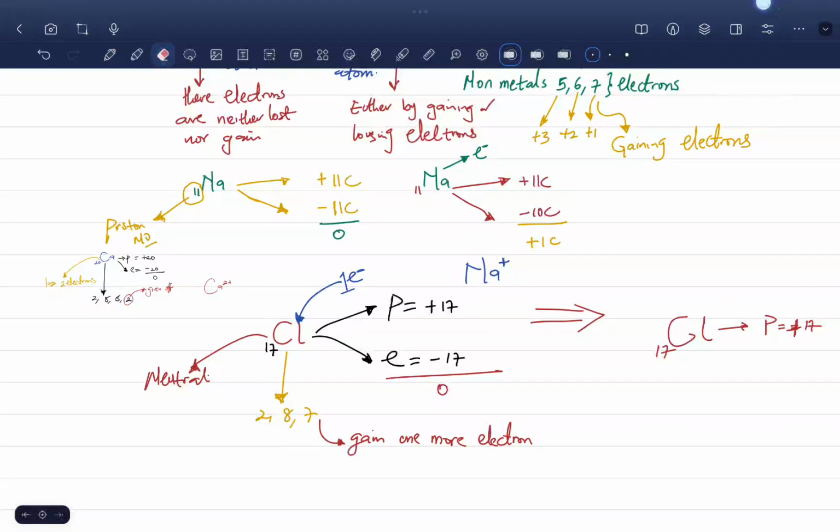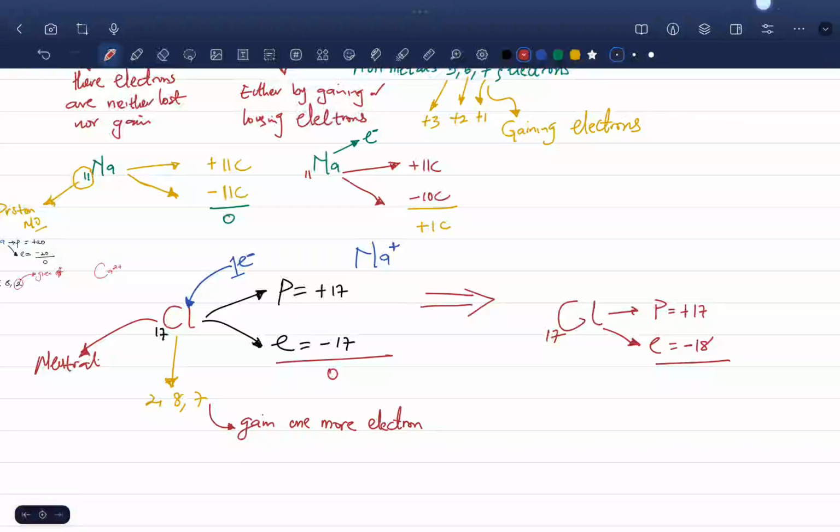Let's try to keep this clean and tidy. And now the electrons on the other end are no longer 17 because we gained 1 more electron, and now we have a total of 18 electrons. Now we can take the summation of this data to get -1.